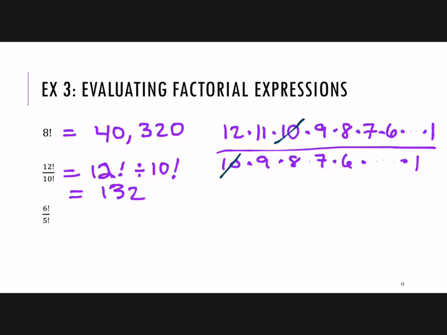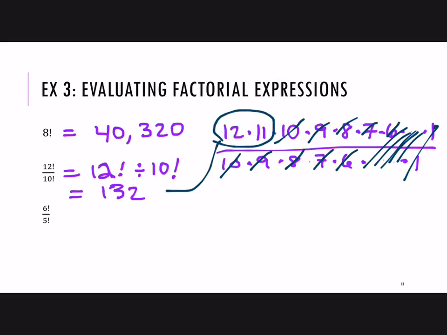So these 10s cancel, the 9s cancel, 8s, 7s, 6s, I didn't write them, but 5s, 4s, 3, 2, and then 1 all cancel. So the only thing that you have here is 12 times 11 in the numerator, and that's the 132.